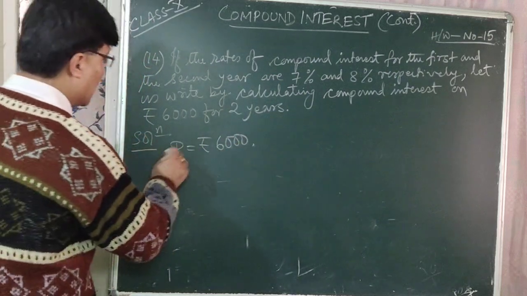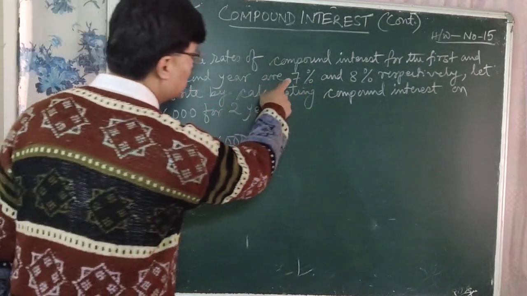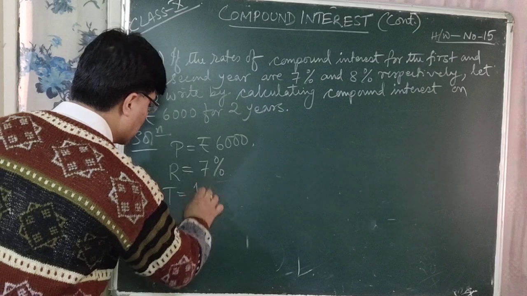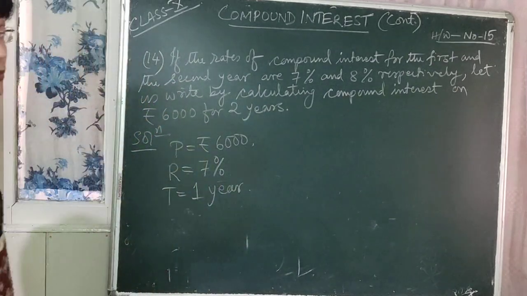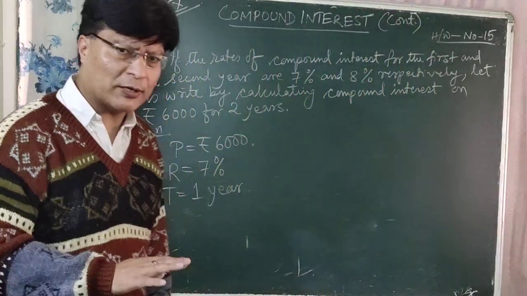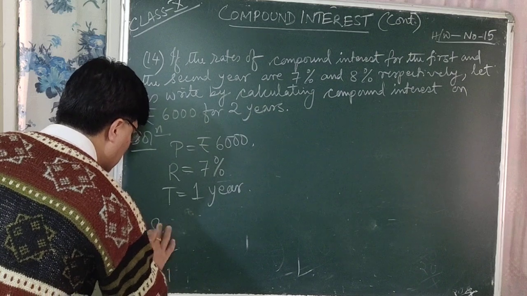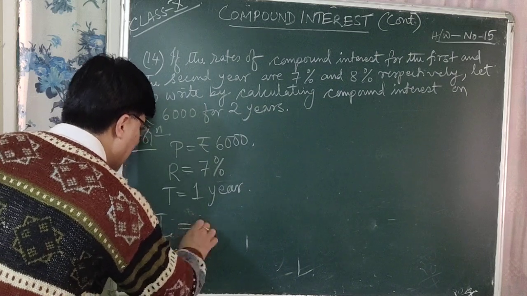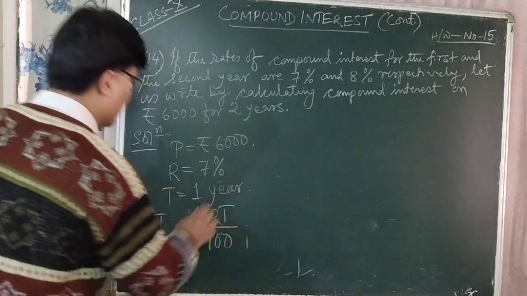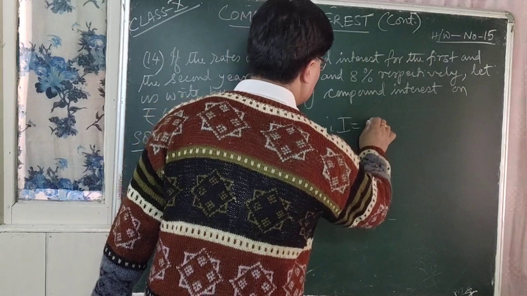Now what is the rate of interest for the first year? 7%. And t is equal to 1 year. Here we can use the simple interest formula too, because for the first year compound interest and simple interest are the same. So simple interest, I is equal to PRT upon 100.